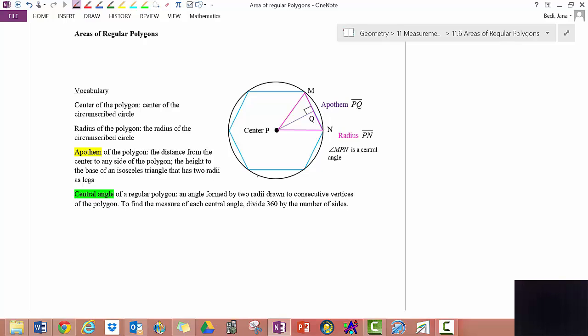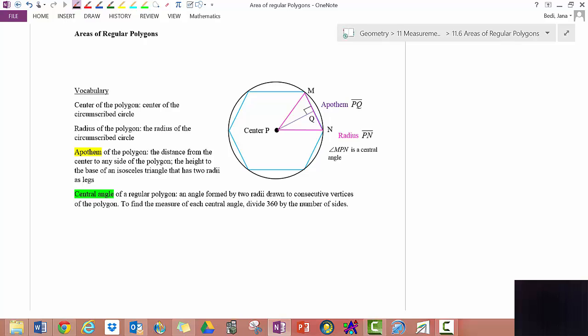So going back to the regular polygon, here, it's a hexagon, I believe. It is inscribed in a circle, and so P is the center of the circumscribed circle, and we actually use that point P as the center of the polygon, even though we don't see the circumscribed circle each time.